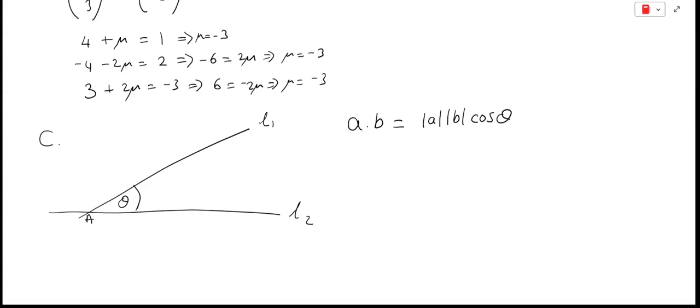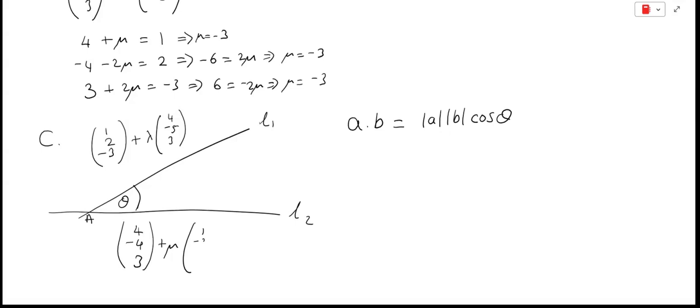So what's the equation of line 1? Well, that was 1, 2, minus 3 plus lambda (4, minus 5, 3). And the line 2 equation was 4, minus 4, 3 plus mu (1, minus 2, 2).